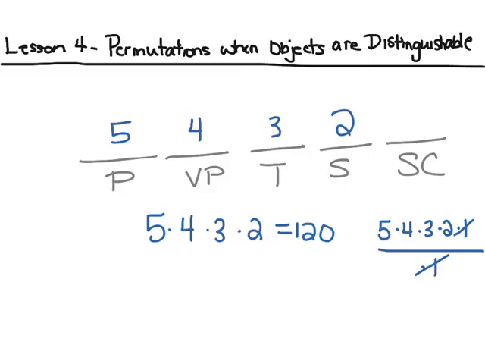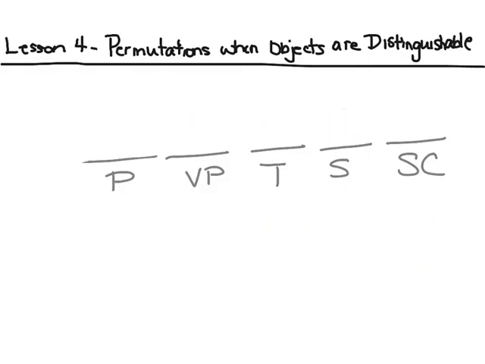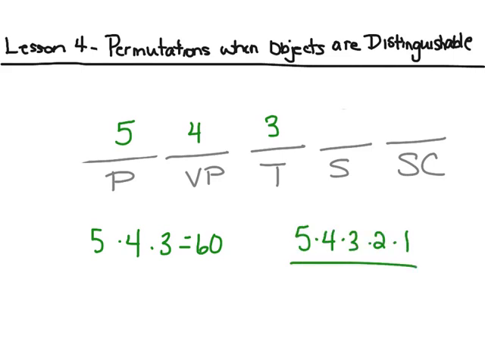If we only wanted to vote for 3 of the positions, president, VP, and treasurer, we would vote for 5 times 4 times 3, which is 60 different ways. Another way we can write this is 5 times 4 times 3 times 2 times 1, and we want to get rid of the 2 and the 1.